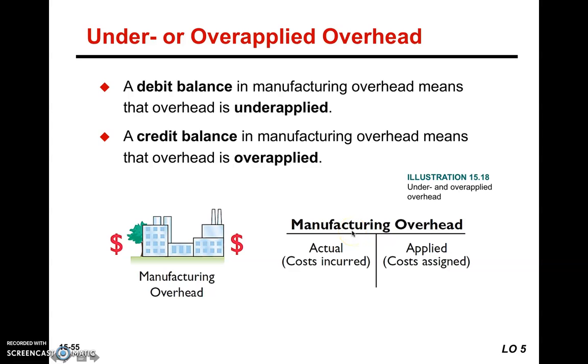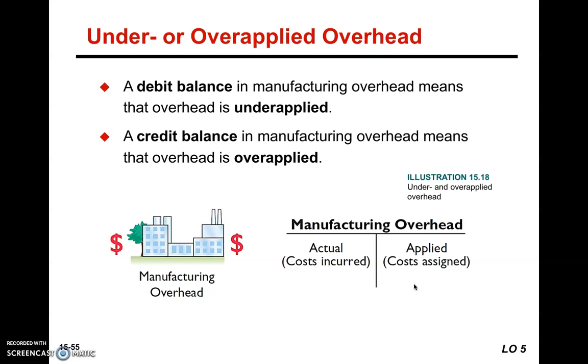Now, once we are at the end of the year, we need to see what is the ending balance of this account. Either it's going to have a debit ending balance or credit ending balance. If it has a debit ending balance, it means that the actual cost of overhead was greater than applied overhead, meaning that our estimation was not enough to cover all our actual costs.